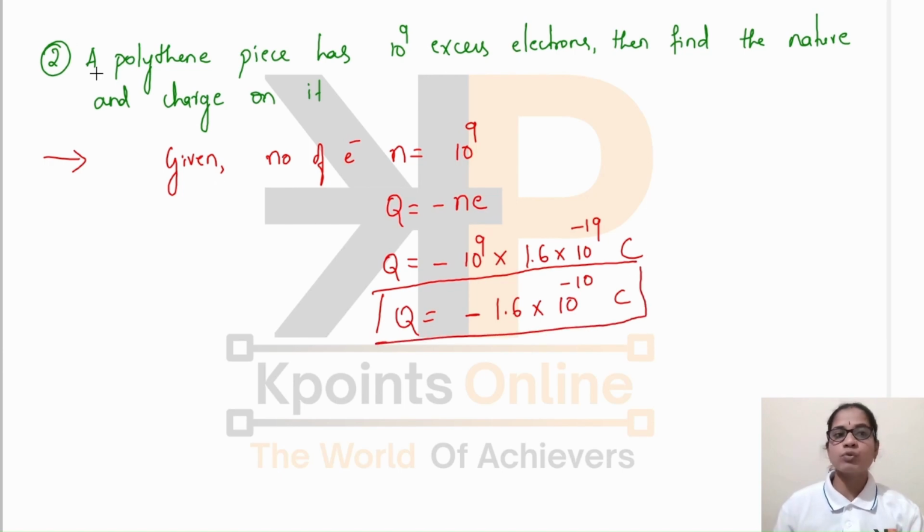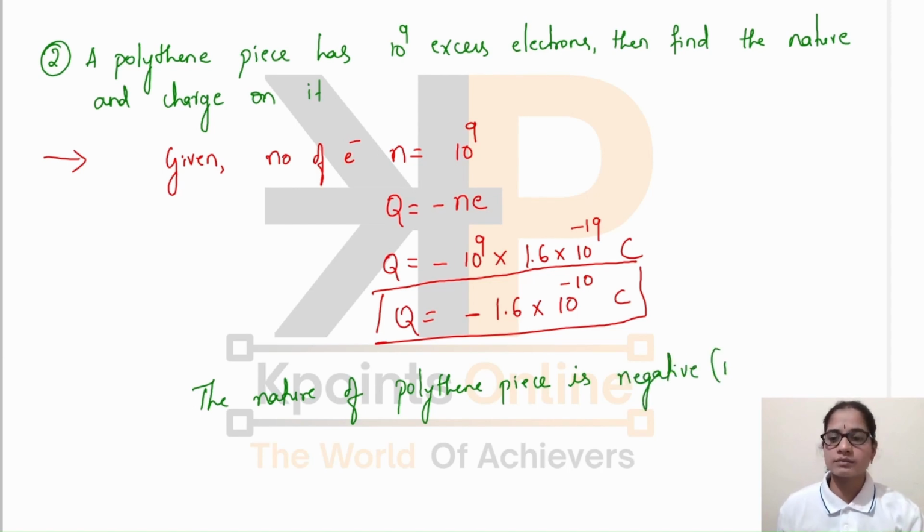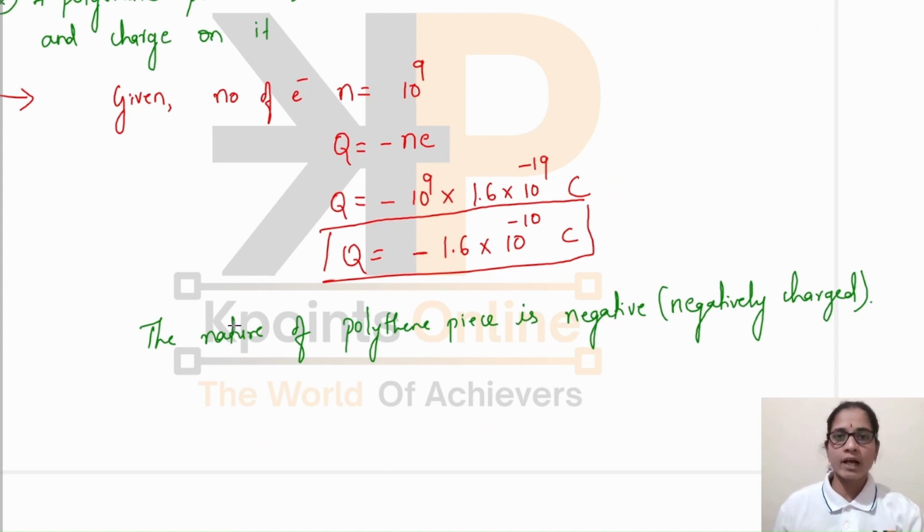And they have asked to find out the nature. As there are excess electrons, the nature of polythene piece is negative. Means it is negatively charged. So we have found out the charge and the nature of the polythene piece here.